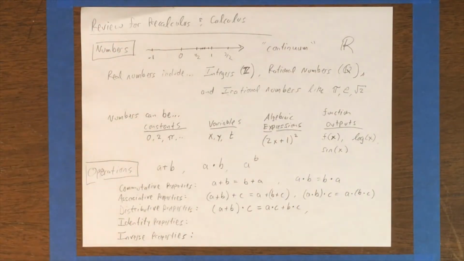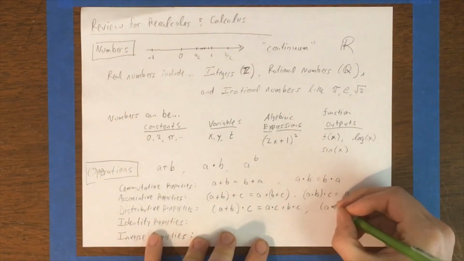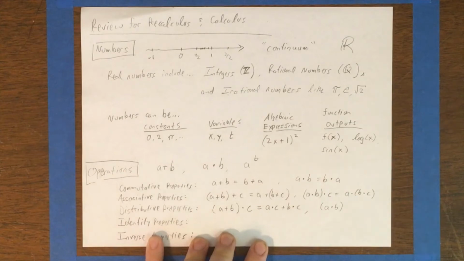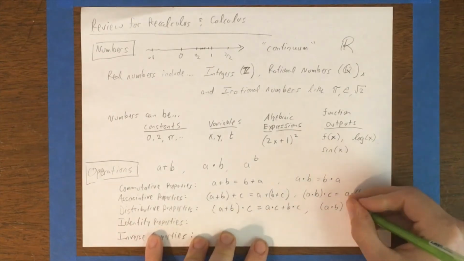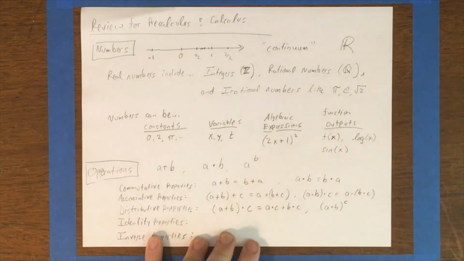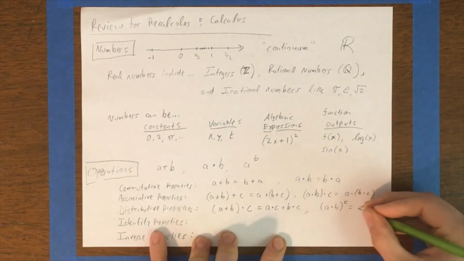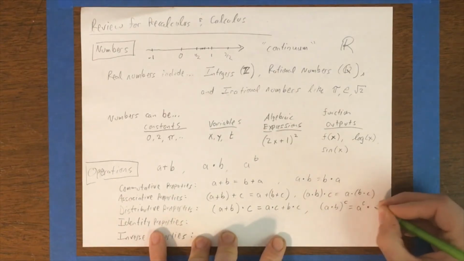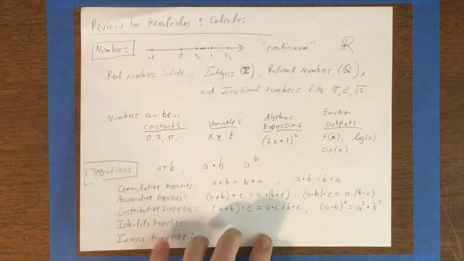But there's a second distributive property which uses different operations. It works like this. If you have a times b, and you're taking that product to the power of some other number, c, then this is the same as a to the power c times b to the power c.